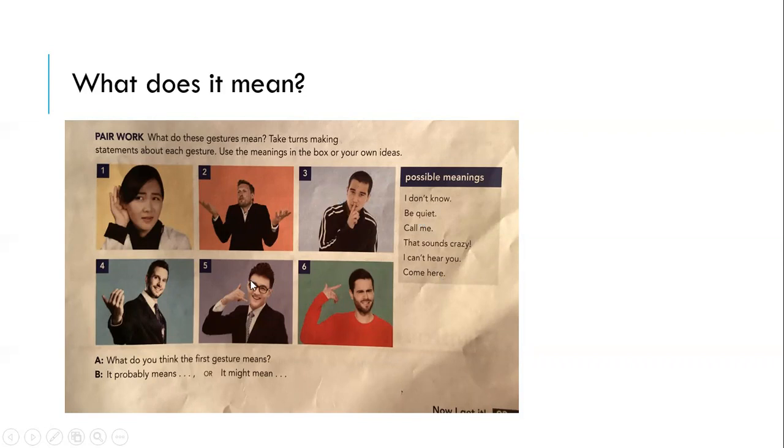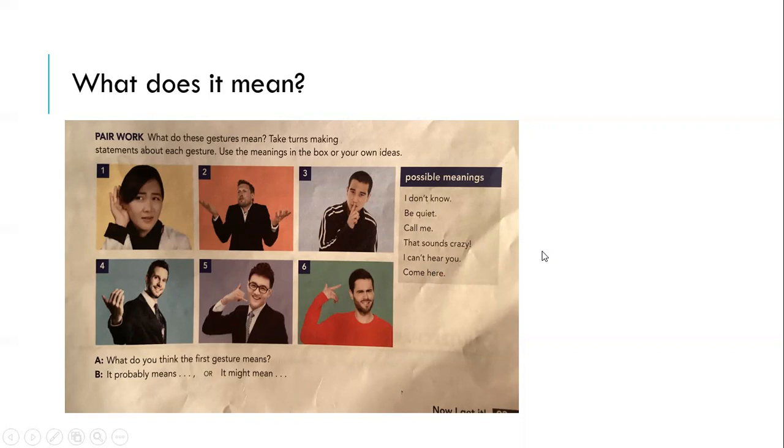When you see a friend at a distance and you're saying goodbye, and he does this, you know that this means call me. Same with number 1. Let's suppose that you are trying to hear someone at a distance, and you put your hand right next to your ear. You want to express that you cannot listen well. So we know that number 1 means I can't hear you.